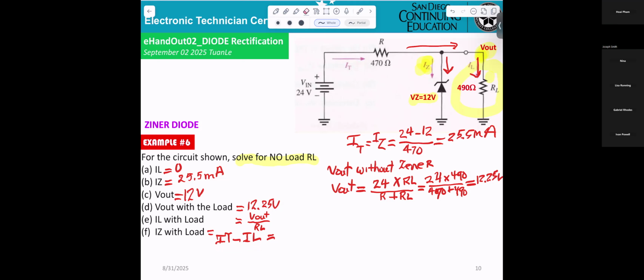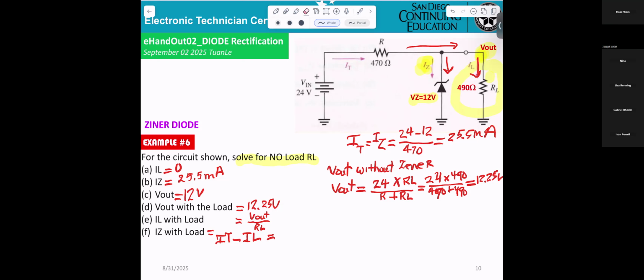You get the V out of 12.25. 24 minus 12.25 equals, okay, I total minus IL. Right now I'm calculating I total. Oh, I thought we already did that. No, we didn't.